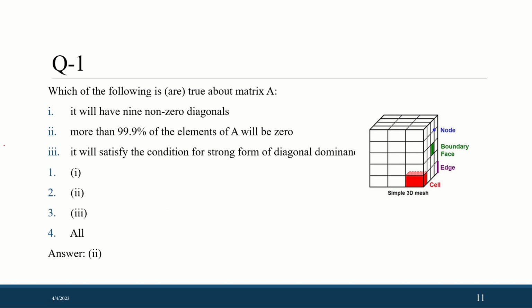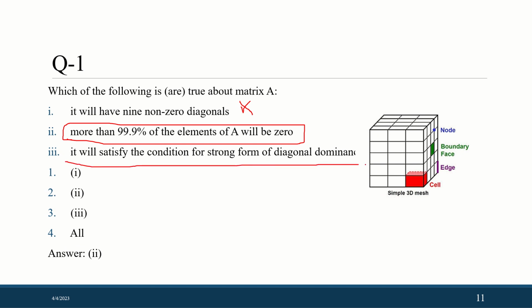The answer to this is 2, that is, more than 99% of elements of A will be 0. This is right. We can't say about this. 9 non-zero diagonals is kind of impossible. For whether it will satisfy the condition for strong diagonal dominance, we should see how the equations are forming before answering.